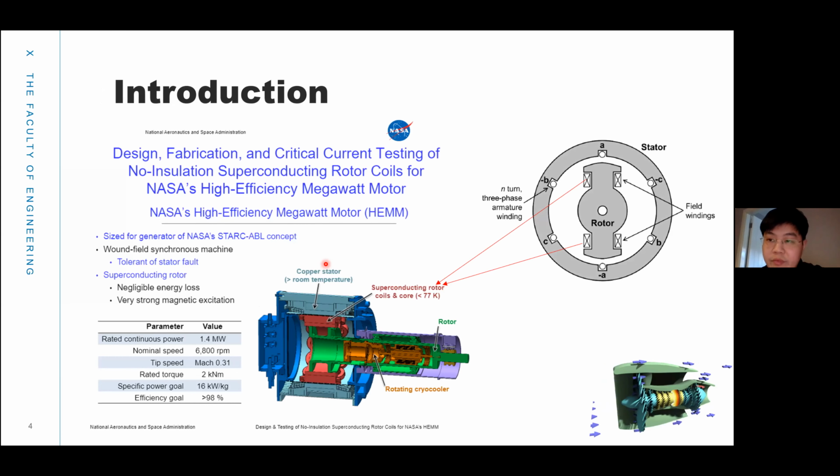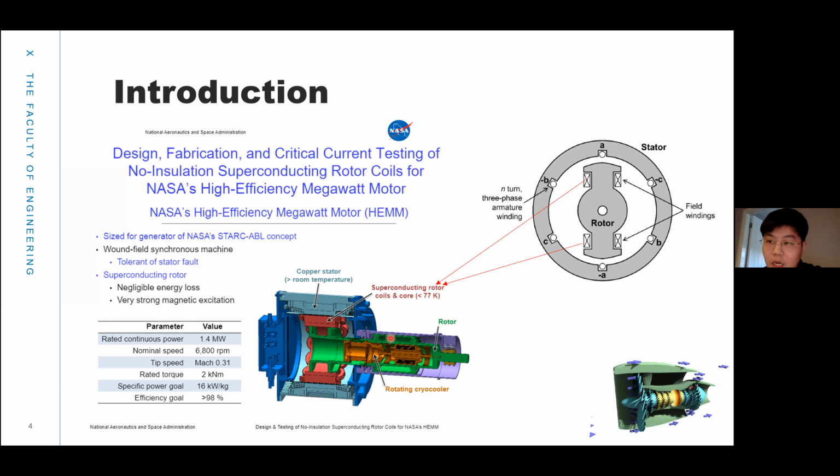Many institutes have done research on NI coils used in HTS machines because the NI coil has many advantages when we apply a DC current. So this is very good to use in a magnet or in a machine rotor.